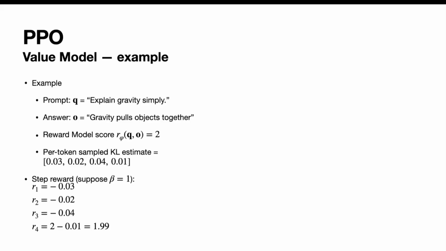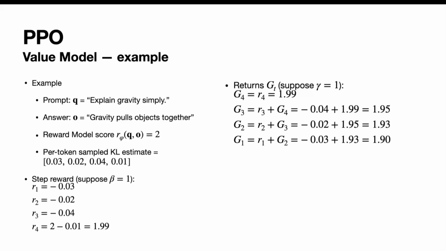For the final token, we add the reward model score for the complete answer. So r_4 equals 2 minus 0.01 equals 1.99. Next, suppose the discount factor gamma equals 1. This means we do not discount the future rewards. We can compute the returns backwards from the final token.